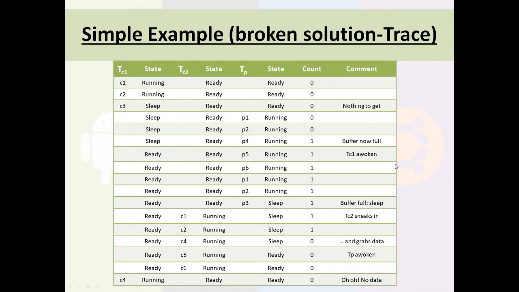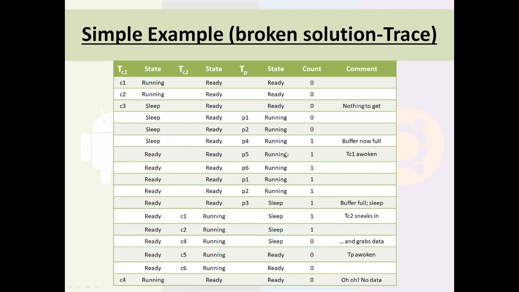This diagram shows the action each thread takes, as well as the scheduling state. That's these states here, and a thread can be ready, running, or sleeping. Sleeping is when a thread puts itself to sleep. Running is when it's being processed, and ready is when it's on the ready list, ready to be processed.